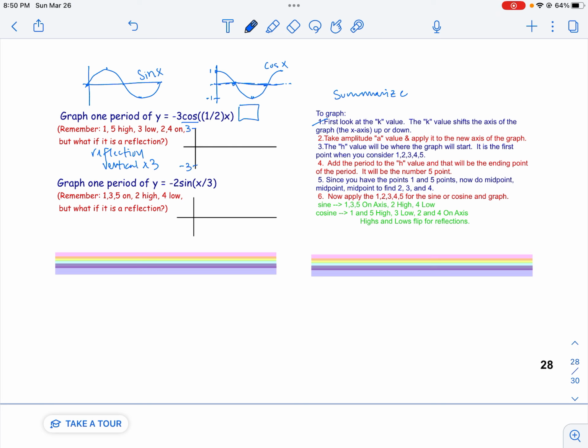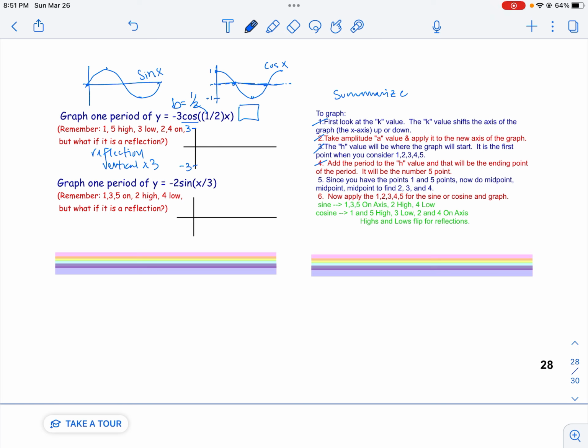So I know that my cosine curve doesn't move up or down. I know that it gets reflected over the x-axis and stretched by a factor of 3. Now I can tell that the b value here is equal to 1/2. I think I got a little bit ahead of myself here. I got the amplitude, sorry. The h value. There is no horizontal shift, so I don't have to worry about adding the period to the h value and shifting that curve just yet.